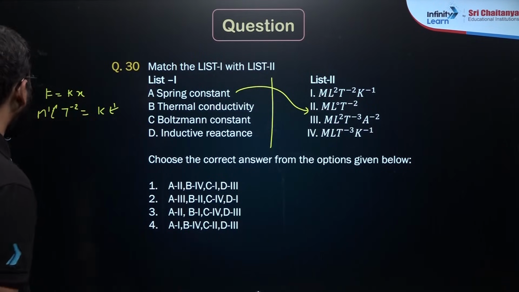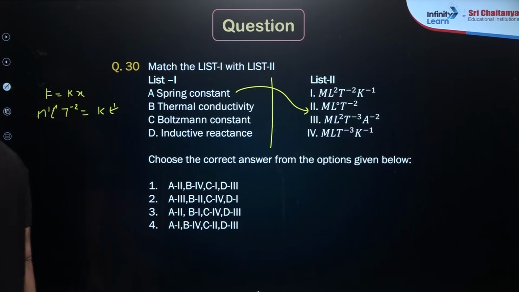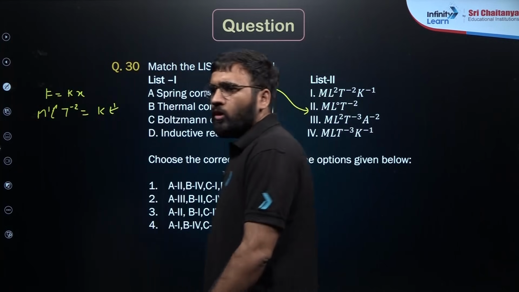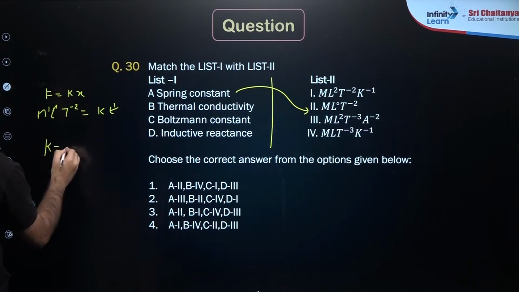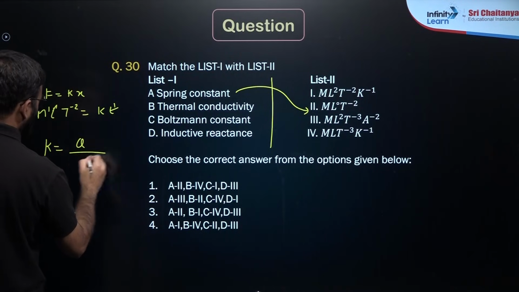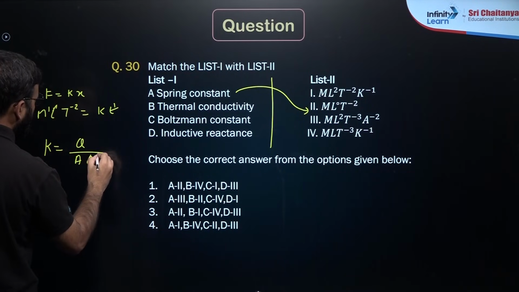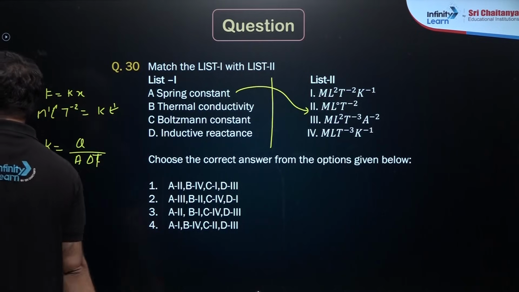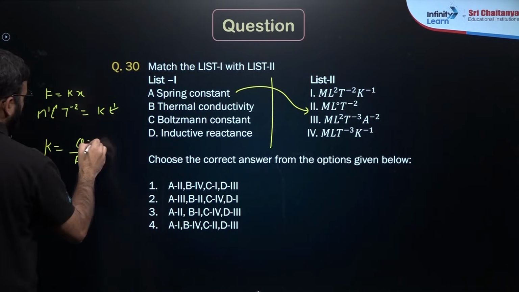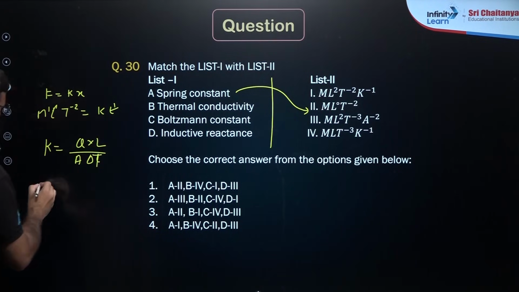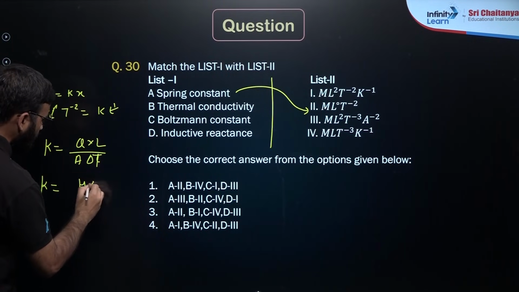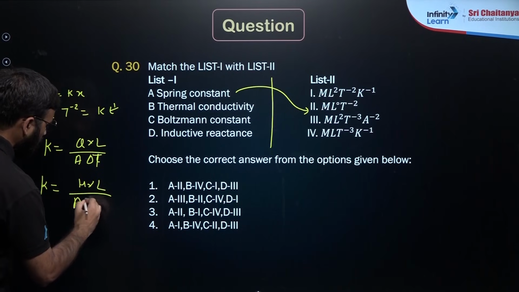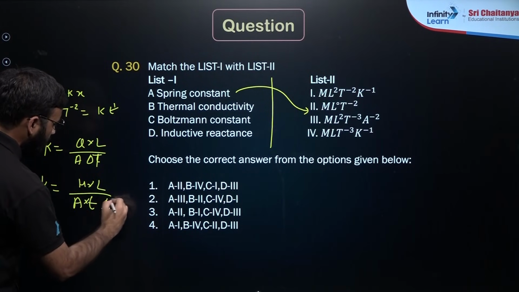Second is the thermal conductivity. So beta, what is the formula of thermal conductivity? K equals QL upon A into delta T, so K equals Q divided by A delta T, where delta T is the temperature difference and its length is L. Q is heat, heat per unit time, H into L divided by A into T, T is time, and delta T is temperature.